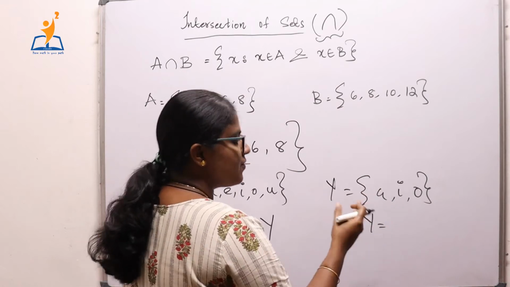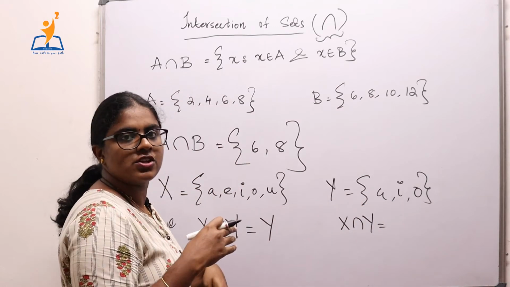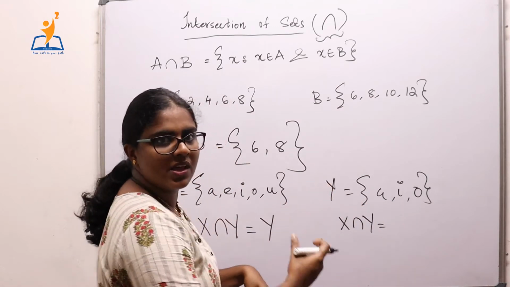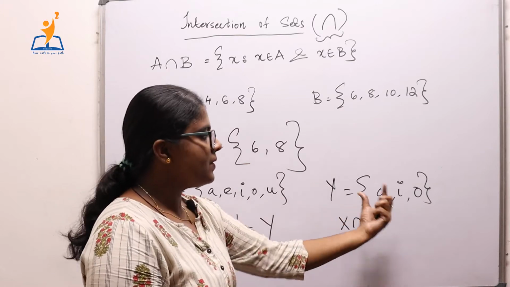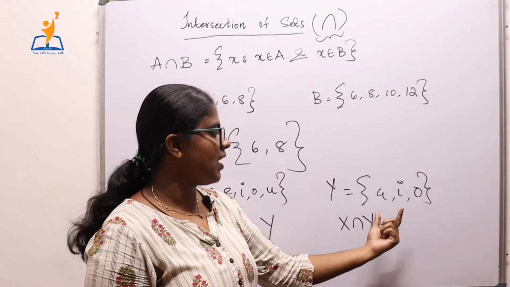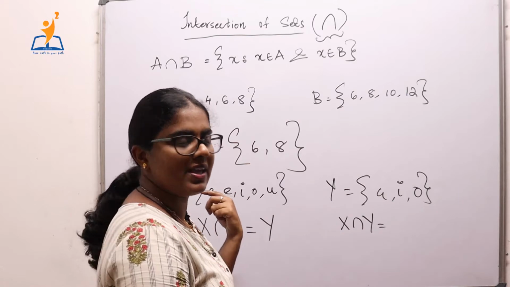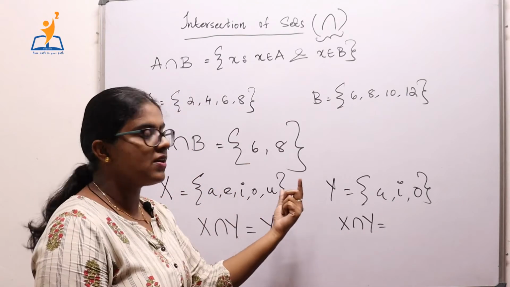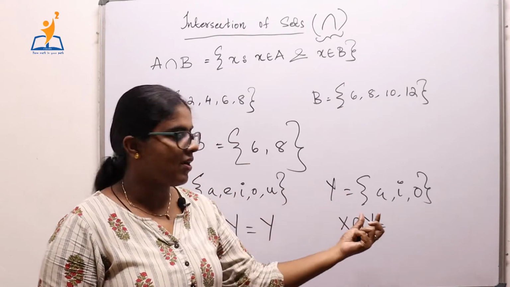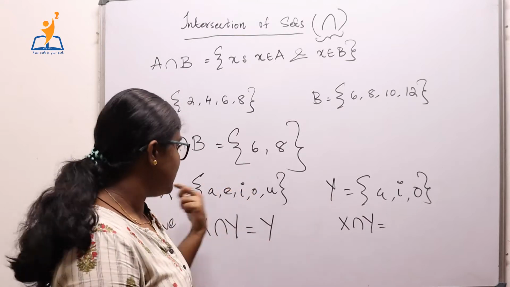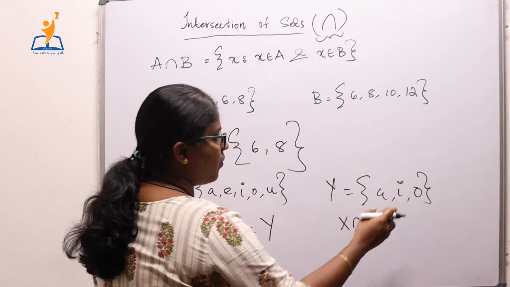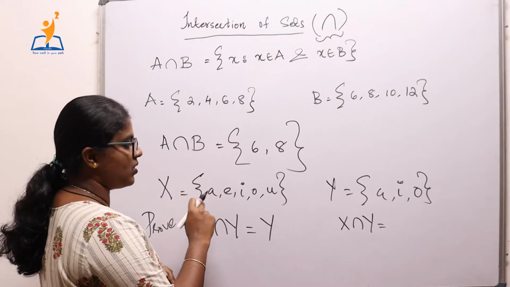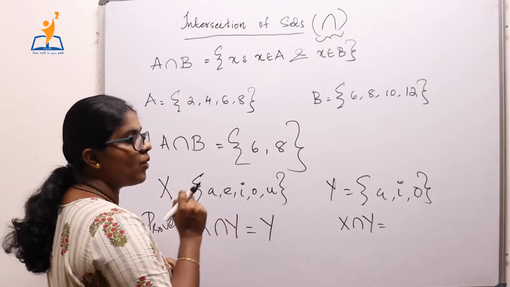While writing the intersection of two sets, always start with the smaller set. So Y is the smaller set, and we are going to check whether every element of Y is there in X, and we will write in X intersection Y the elements which are present in X. Now A, I, O. We are going to check whether A, I and O are here. A is here, I is here, O is here.